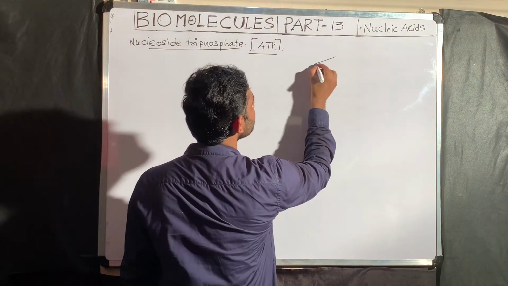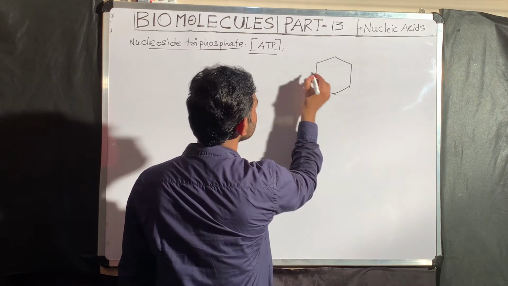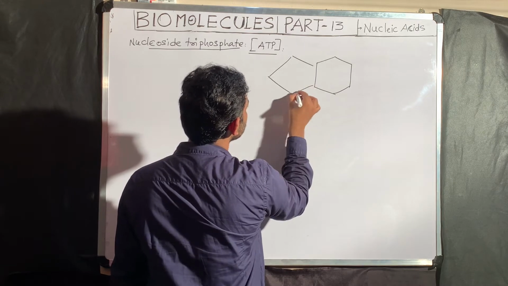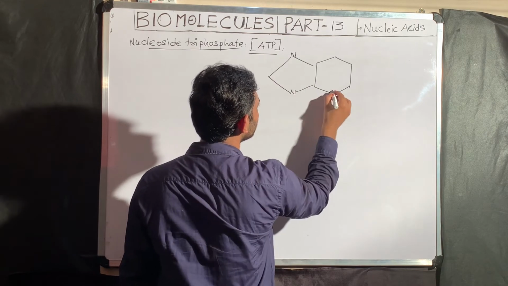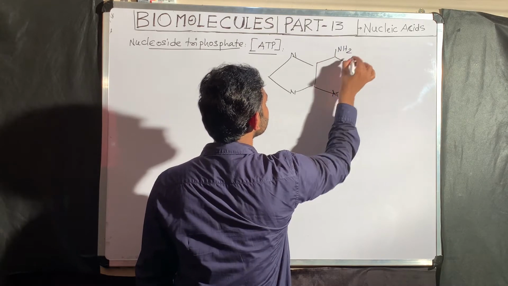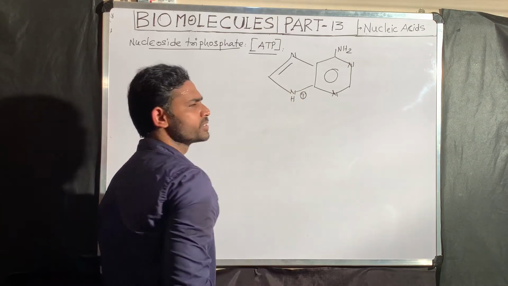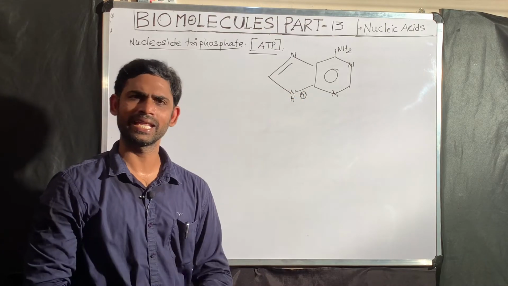I will explain very clearly. If you want to understand this, first you need to practice nitrogen base structures well. This is a nitrogen base. Now you can call this adenine. This is the 9th position. The nitrogen base is adenine.